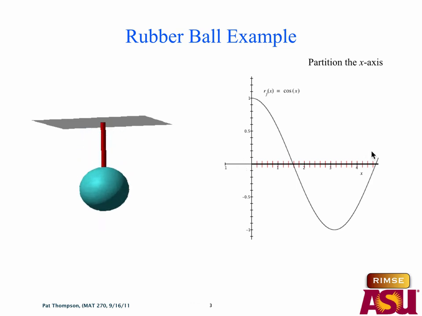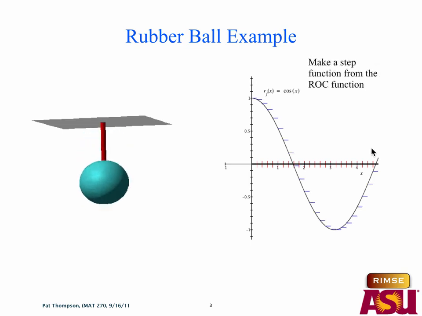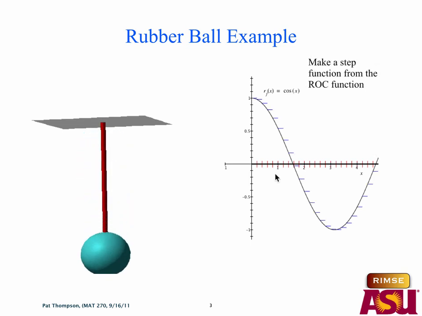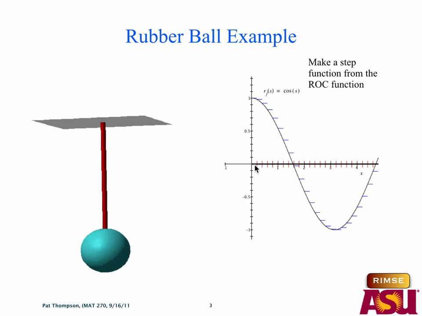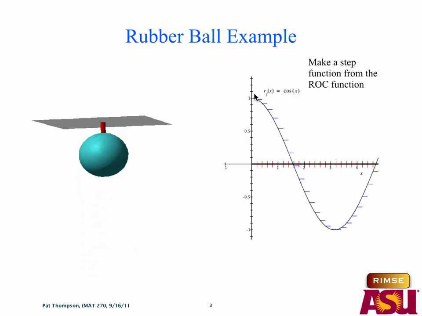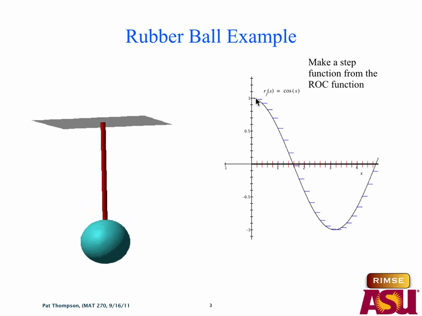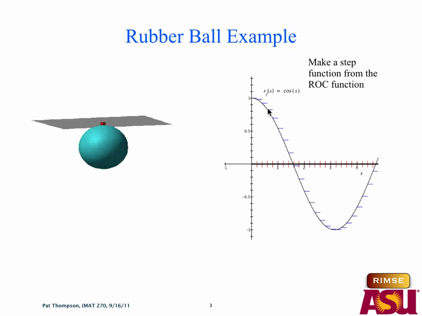So how do we do that? We partition the x-axis into little chunks, little bits of change in time, and then we make a step function according to those chunks, using the exact rate function. I've partitioned little chunks of time, and then I've found the corresponding rates by using the exact rate function at the left endpoint of each interval.